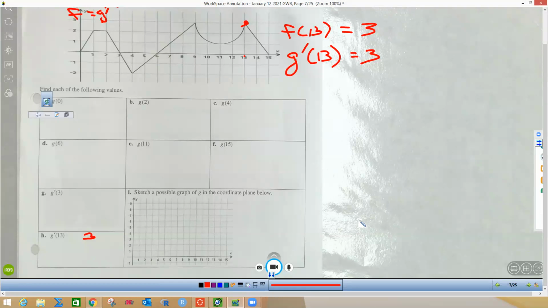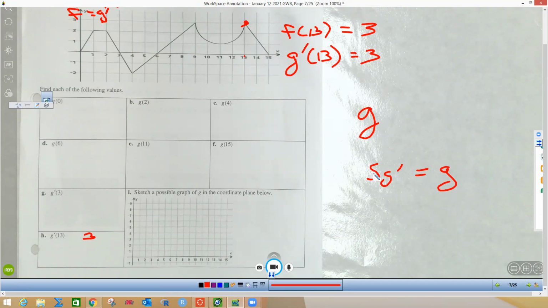4 minus 0 is just a rule. So G of 4 minus G of 0 is just a rule. Okay, well, G is not the same as G prime, right? These say G. So these are saying what is the original compared to this derivative. This is the derivative of G function. So if you remember, that means if we do the integral of G prime, that equals G. Because an integral and a derivative cancel each other out.